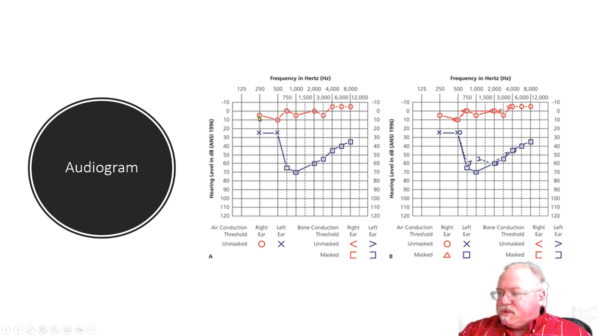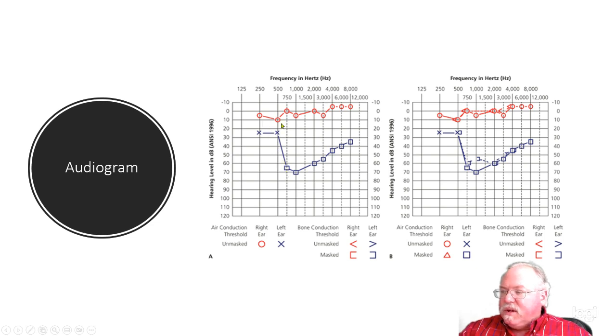This one starts at 250 hertz and goes up to about 8,000 hertz. This is in the range of normal speech, and it will identify what sound pressure level, or how loud a noise has to be at that frequency, for the person to be able to hear it.